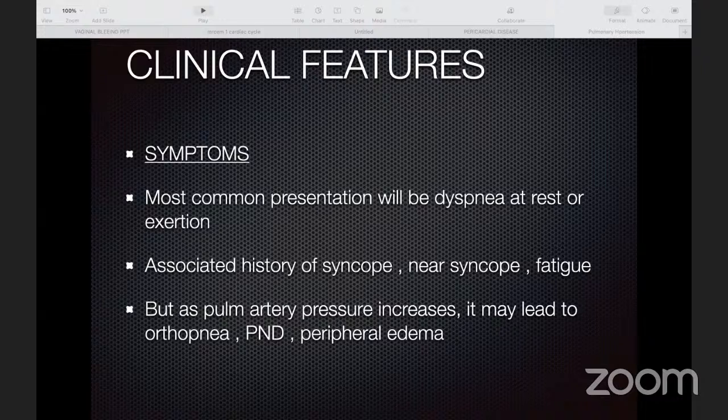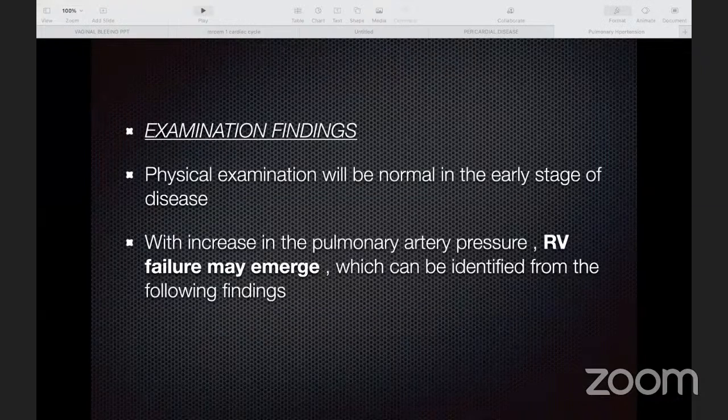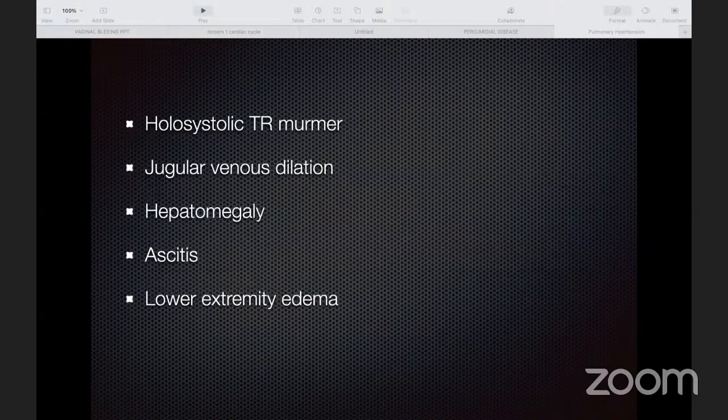Similar to the symptoms, the examination findings will be normal in the early stage of disease, but with an increase in pulmonary artery pressure, as I have said earlier, it can lead to RV failure, and we can identify the typical features of RV failure, such as the holosystolic tricuspid regurgitation murmur, jugular venous dilation, hepatomegaly, ascites, lower extremity edema. We all know these are the typical features of RV failure.